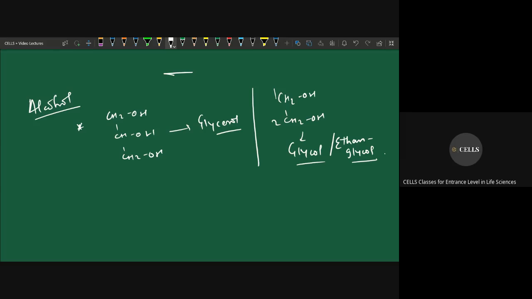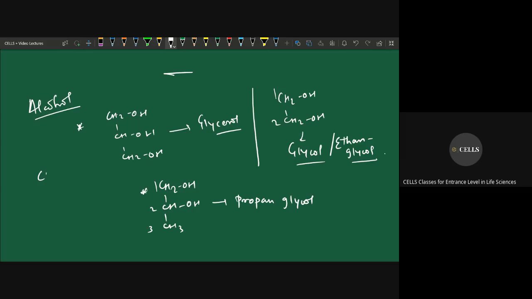You need to have 2 consecutive OH groups to form a glycol. Suppose we have CH2OH, CHOH, CH3. This will be propane, because 1, 2, 3. Propan glycol actually, not propane, propan glycol.